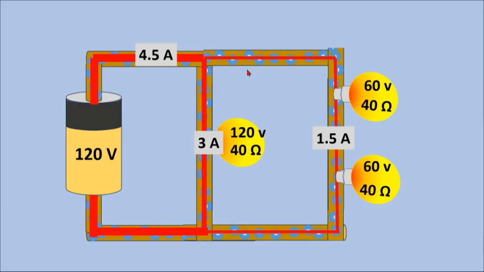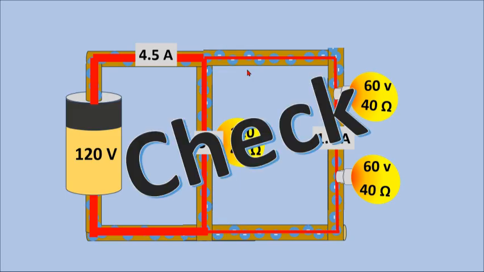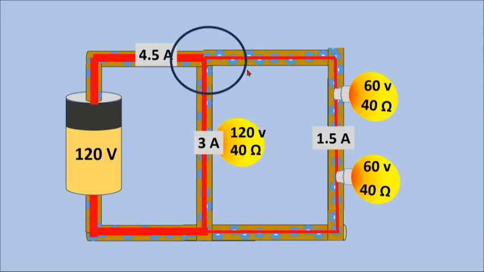So we found all the currents, all the voltages, all the resistances. Now let's go ahead and check our work, and we can use our toolbox to check. First of all, the junction rule. 4.5 amps came in, 3 this way, 1.5 this way, and so that satisfies the junction rule, that the current coming in is equal to the current coming out, because 3 plus 1.5 is equal to 4.5.